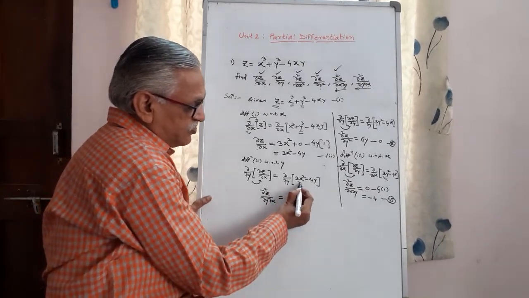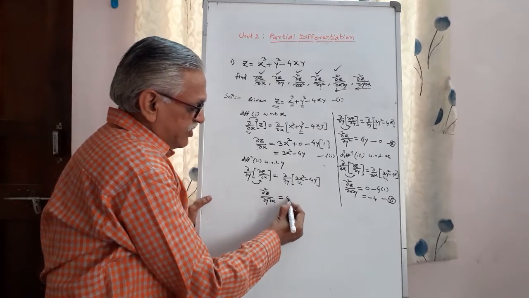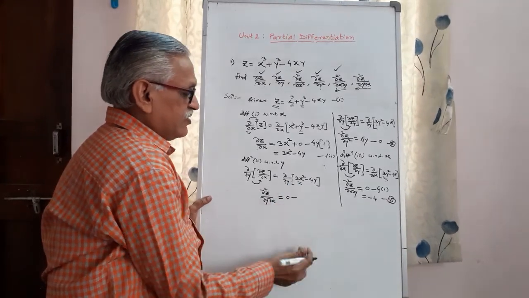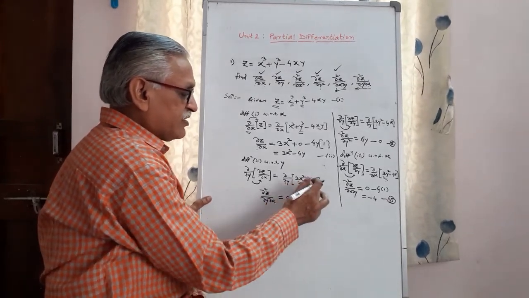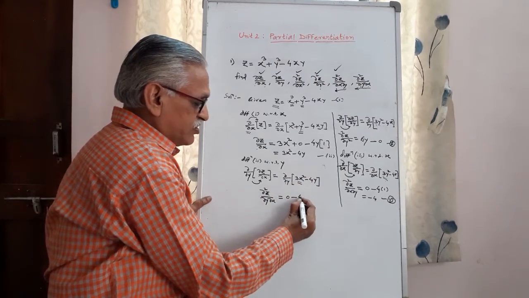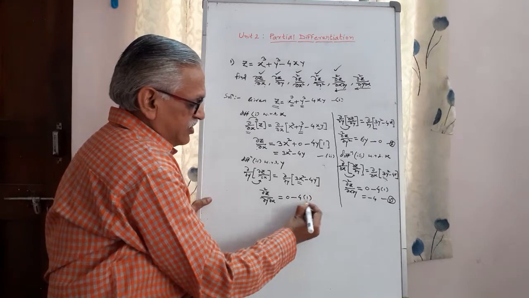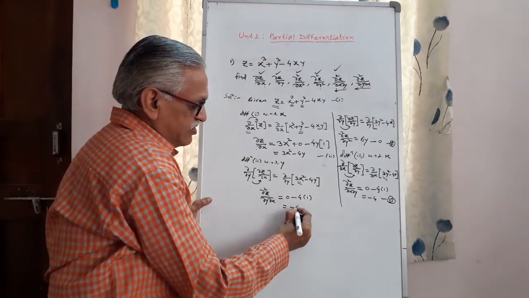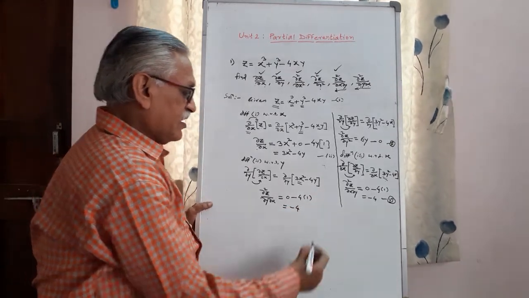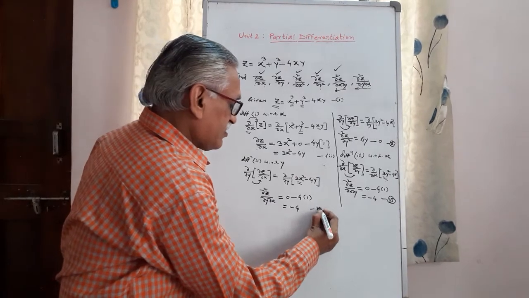Therefore, as x is constant, its derivative with respect to y is 0. Differentiate this with respect to y, minus 4 constant term outside, and derivative of y with respect to y is 1, and therefore we get the value as minus 4. Equation number 7.